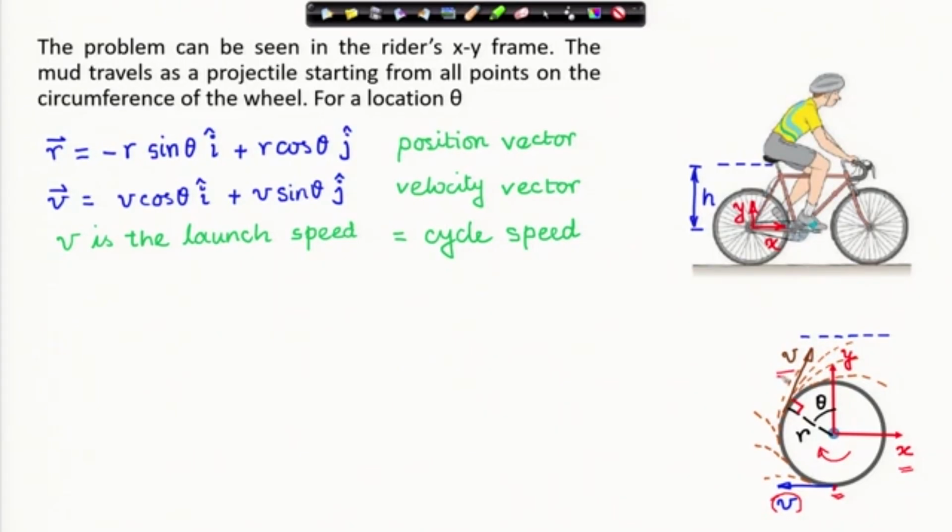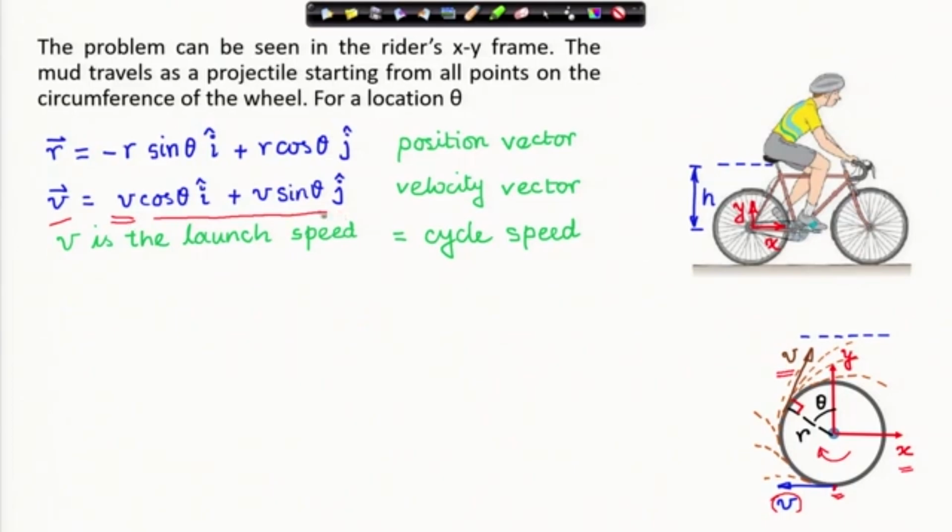So, the magnitude will be the same, v, and the direction will be tangent to the wheel. Therefore, this velocity, its magnitude is v, and here I have represented it multiplied with a unit tangent vector.